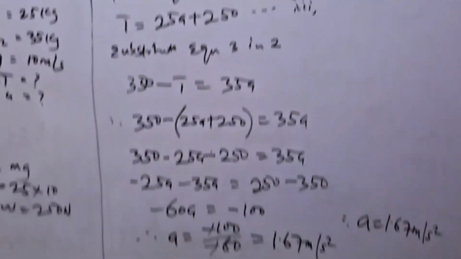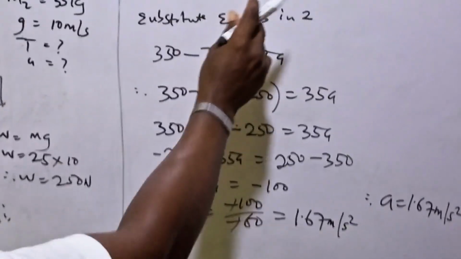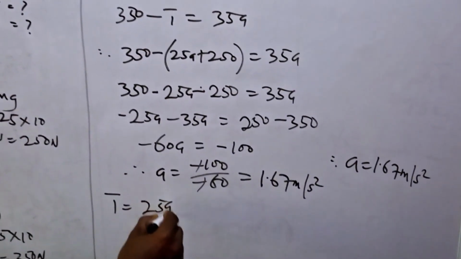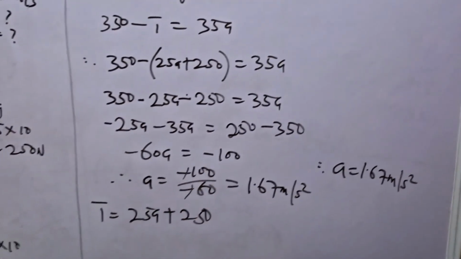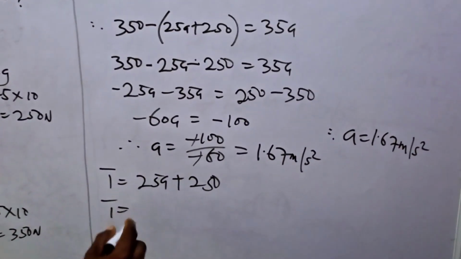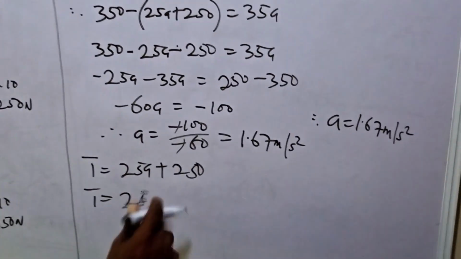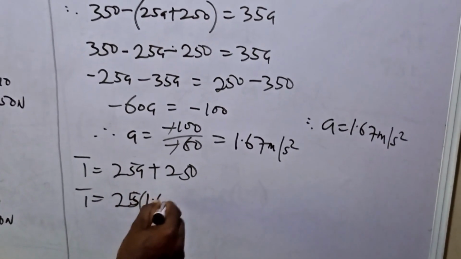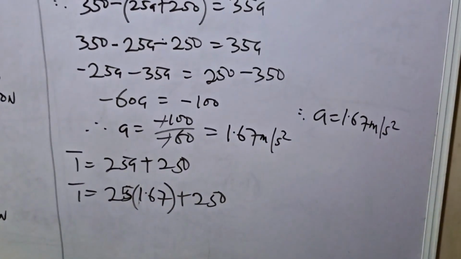Now we are also asked to find the tension. The tension, still from equation 3, will be 25a plus 250. T, which is tension, will be equal to 25, substituting a to be 1.67, plus 250.